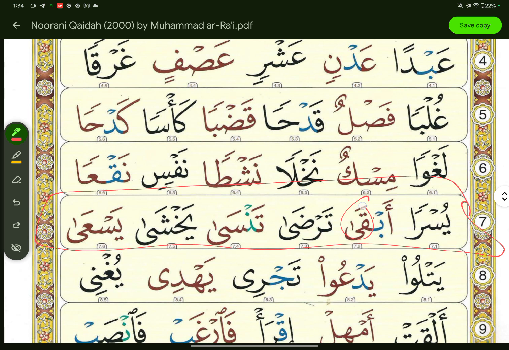No, there's a qaf here. Yeah, qaf. All right, my bad. No problem. Abqa. And this here is here to show you that you're going to elongate. So instead of saying abqa, elongate it. Abqa. Next one.